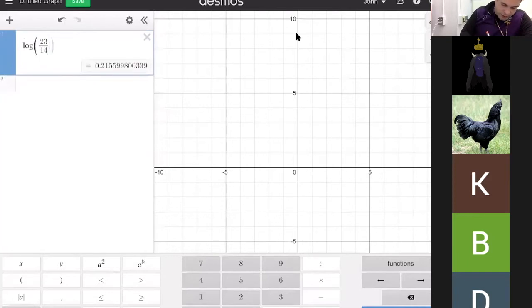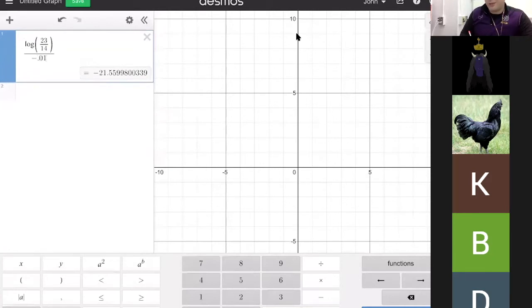Close parentheses, the whole thing divided by -0.01. What's nice about Desmos is that it's going to look exactly how it does on the page, so now you know you're doing it right. So -21.56.